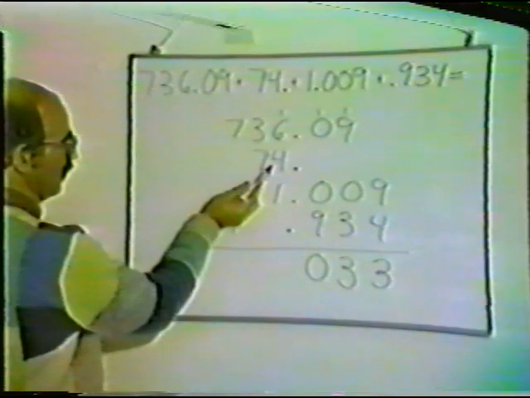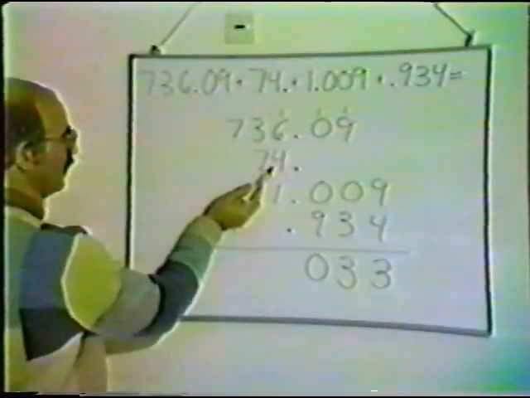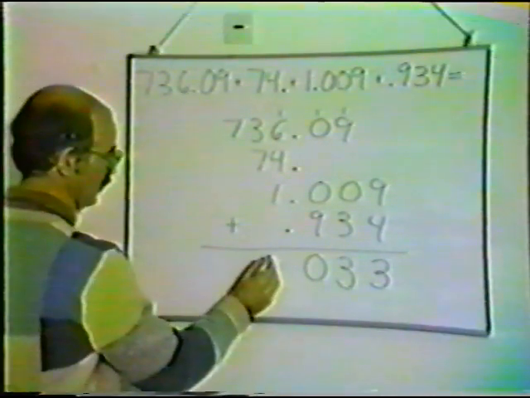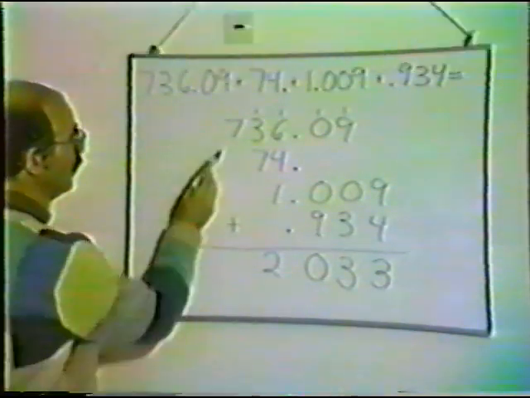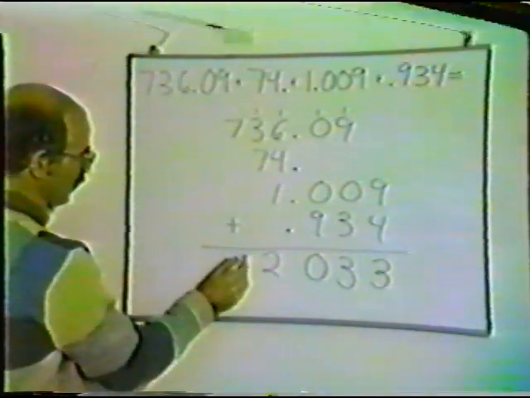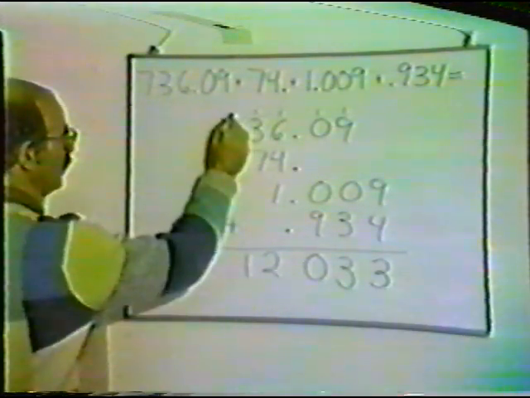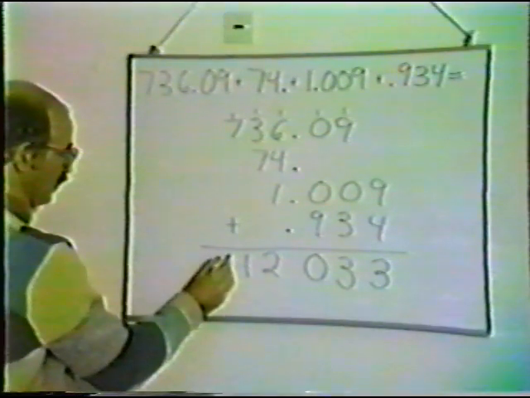Plus 4, 11. Plus 1, 12. Put down the 2, carry the 1. 1 plus 3, 4. Plus 7, 11. Put down the 1, carry the 1. And 7 plus 1, 8.